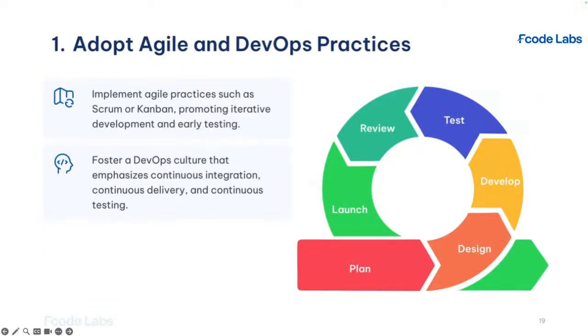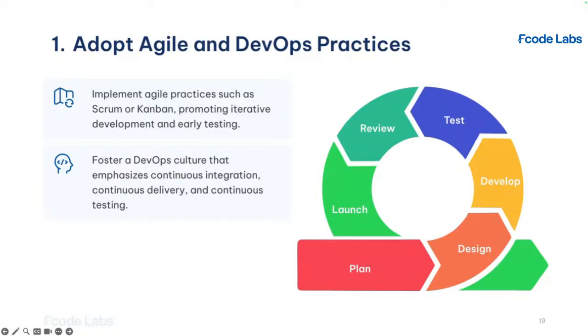Number one, we can adopt agile and DevOps practices. This is very important. If you haven't implemented an agile practice in your development environment yet, this is important to get all the collaboration from all the users and implement a proper agile structure in your development environment.